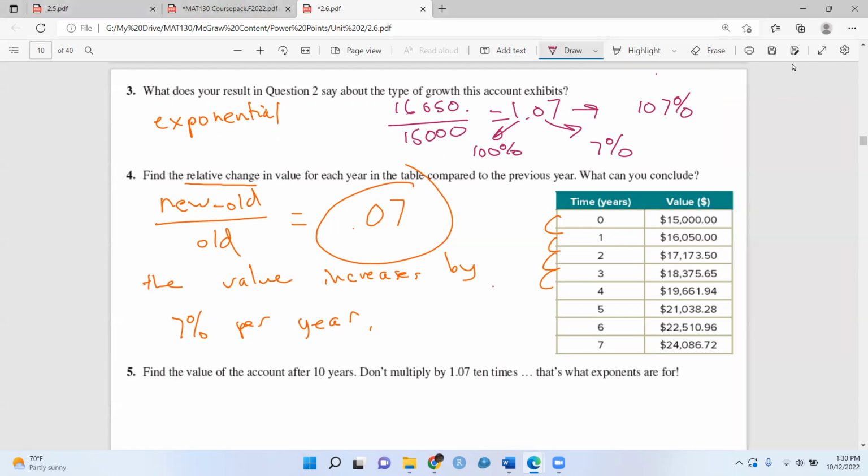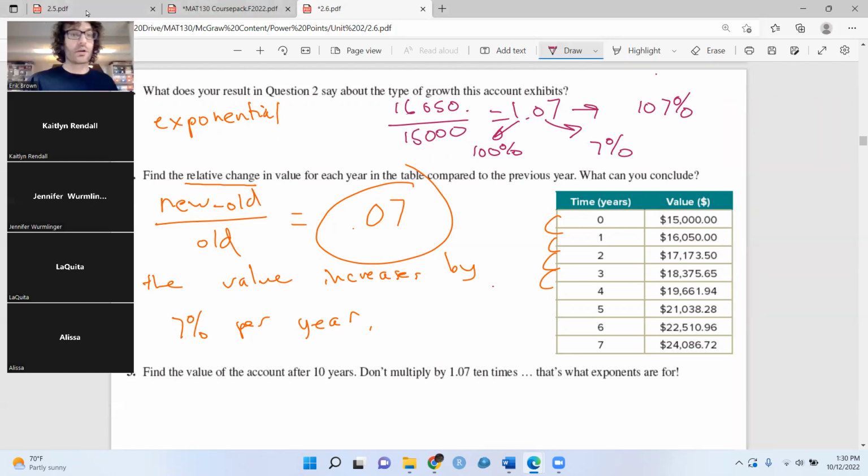We talked about this in class a couple times before, and I think I was confusing people on how I was talking about it. We're seeing a 7% increase year to year, meaning if this is a savings account, that's the interest rate. The number itself is 107% larger each year. So one of them is the number we multiply by.